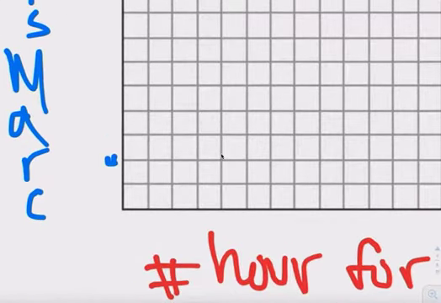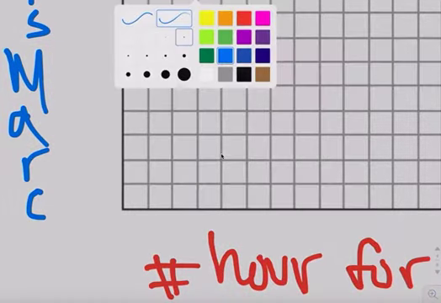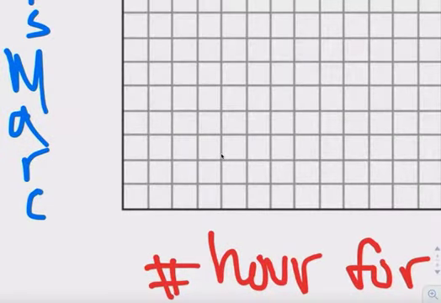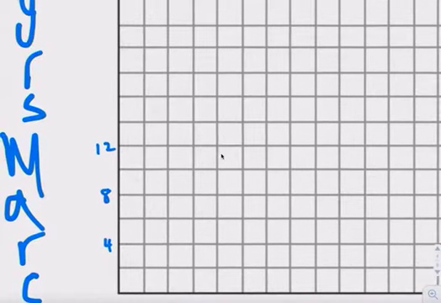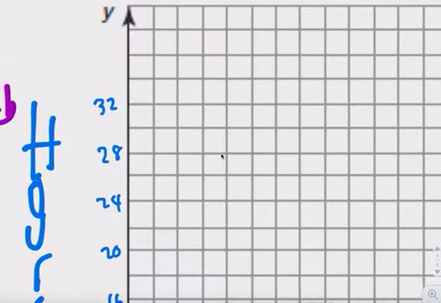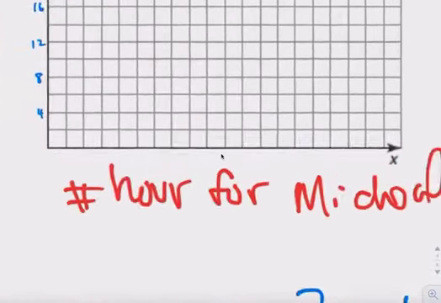So if we count by 2, that's 4. Same way the other way.